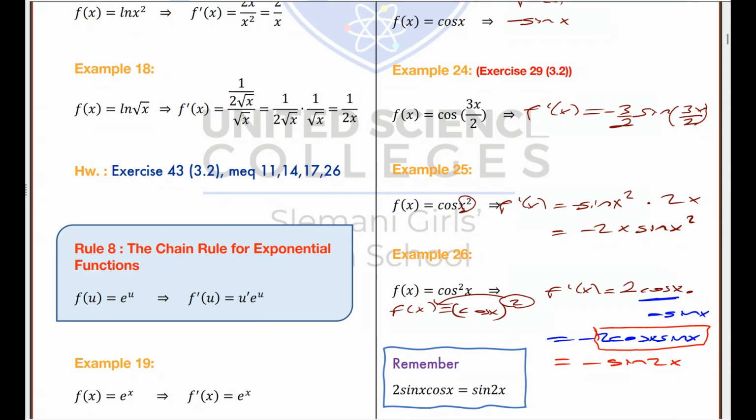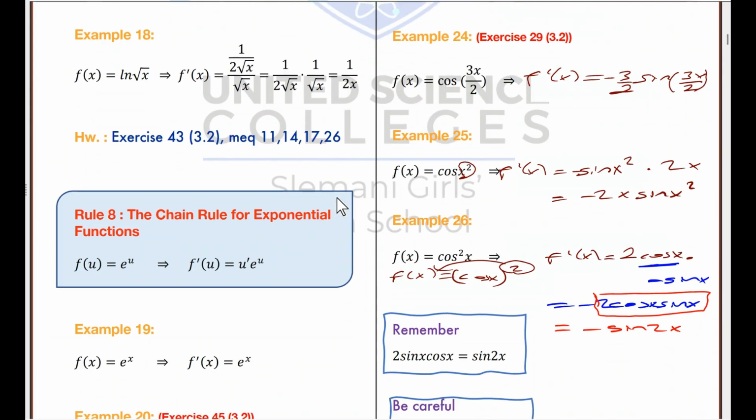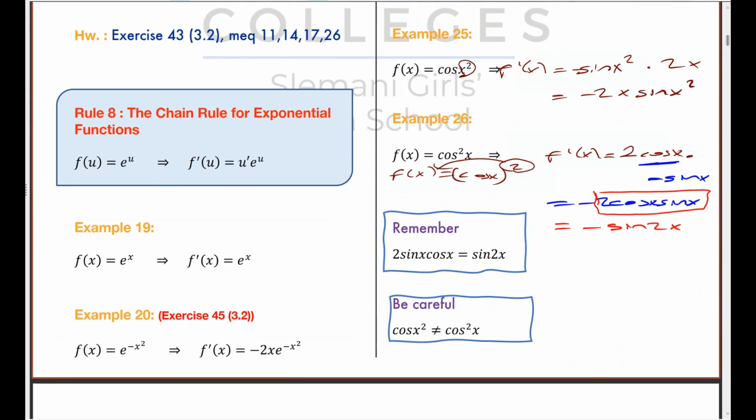Your answer may be different than what you get, but it actually might be the equivalent answer, you just need to simplify a bit, rewrite it a bit so it looks different. So in this question, if we don't see the answer negative 2 cosine x sine x in the options, we should rewrite it by using trigonometric identities, which gives you sine 2x.